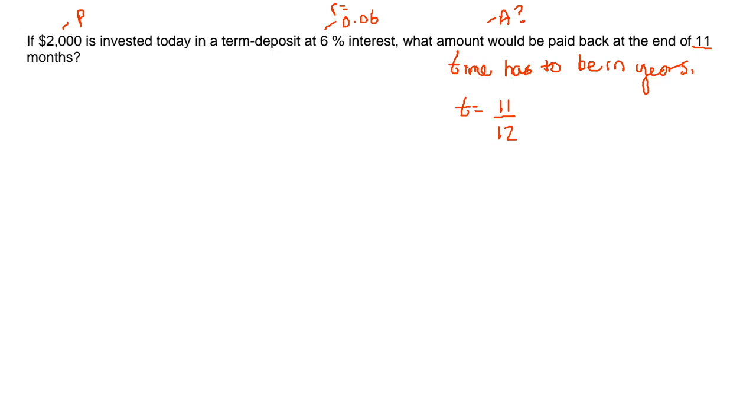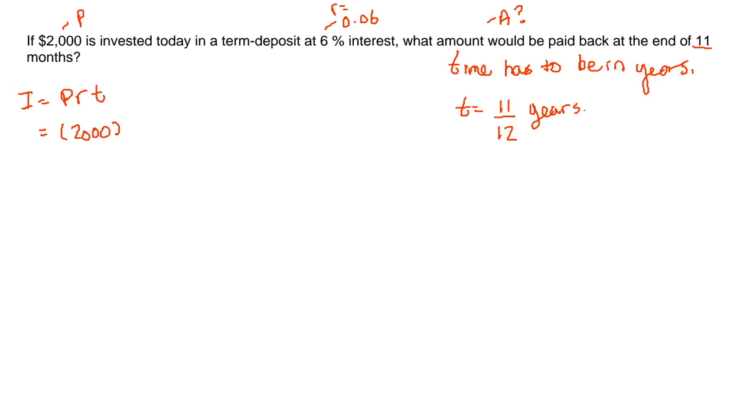So you can keep this as a fraction, most students do, or you can convert this to a decimal. The problem is sometimes we have infinite decimals, and in that case, we end up losing some values, but let's just keep it as 11 over 12 years. So we want amount, but remember, we always have to start by calculating our interest first. So our principal is 2,000.